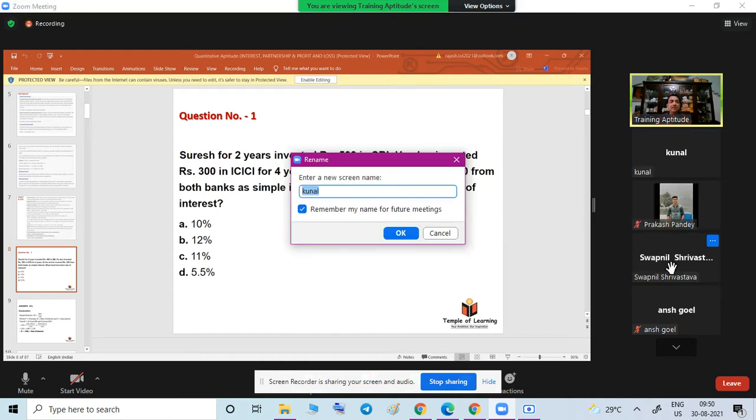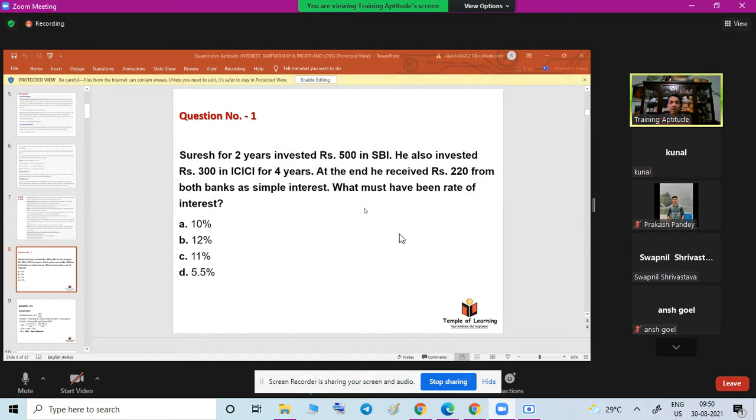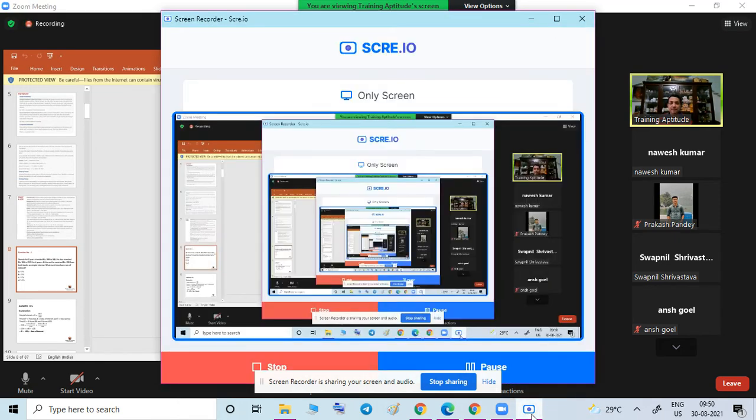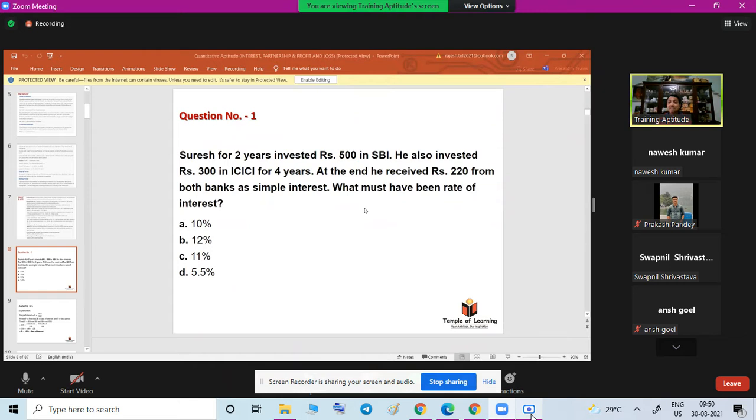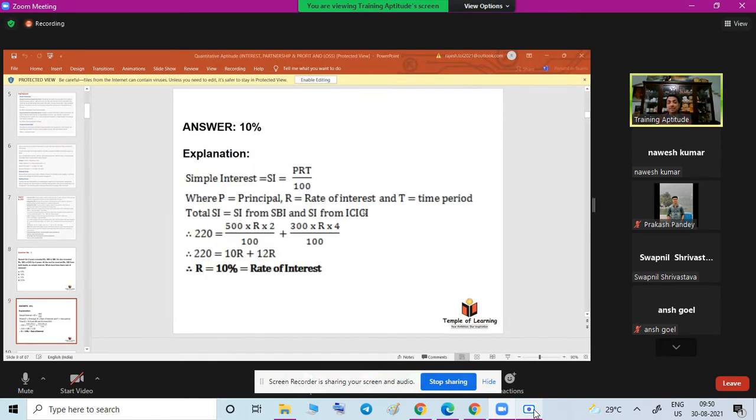Similarly, 300 rupees invested for 4 years, into 1 divided by 100, is another 12 rupees. So 10 and 12 makes it 22 rupees. I find out orally that my interest is 22 rupees when my rate of interest is 1%. But in reality, it's 220, 10 times. The rate of interest must be 10%.